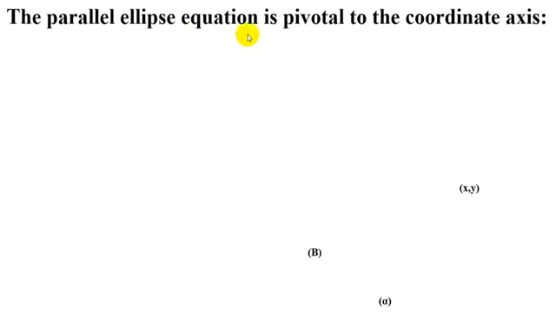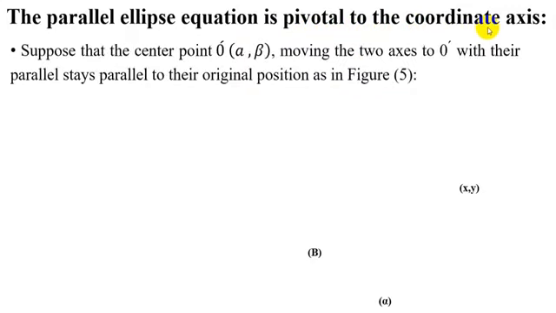Now we want to get the equation of the ellipse whose axes are parallel to the coordinate axes. Supposing I have this point O dash, (alpha, beta), moving around O dash with axes that stay parallel to their original position in figure 5.